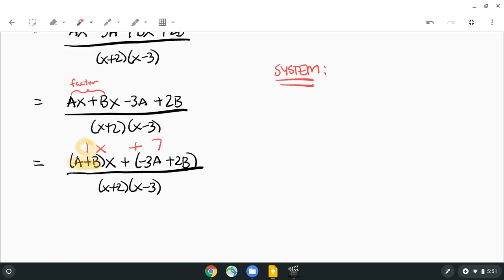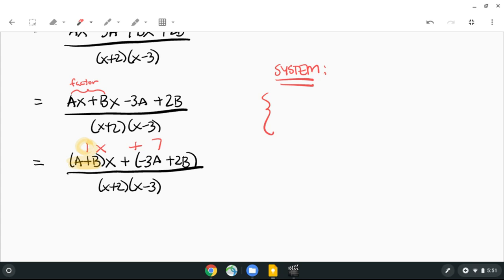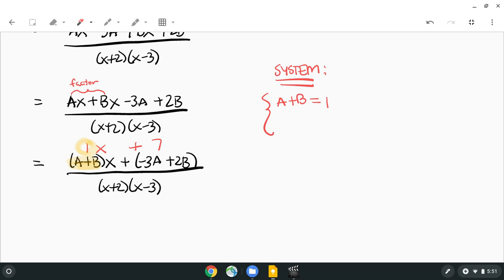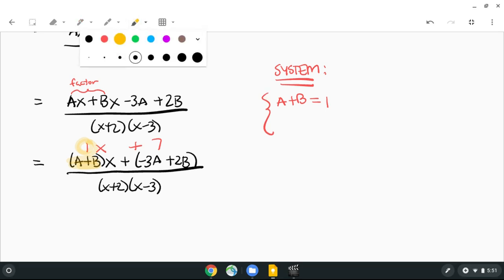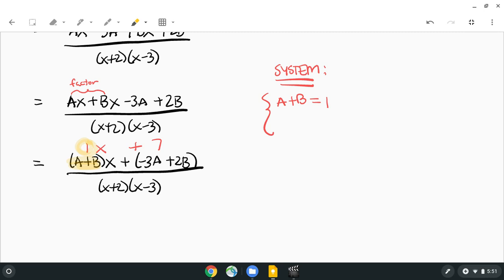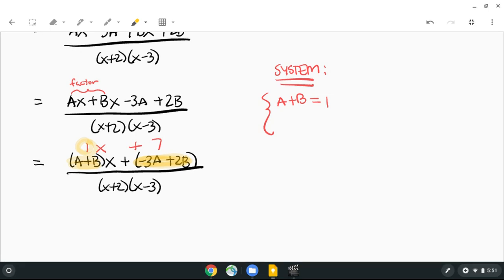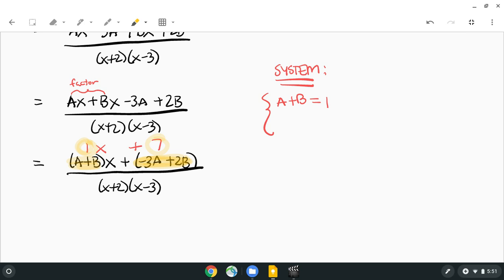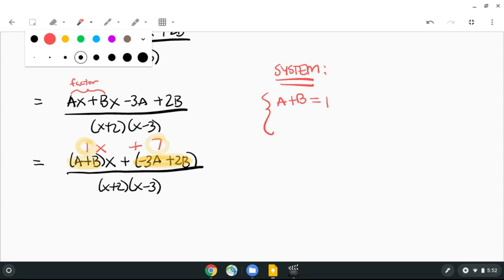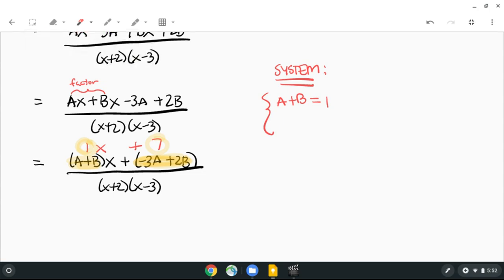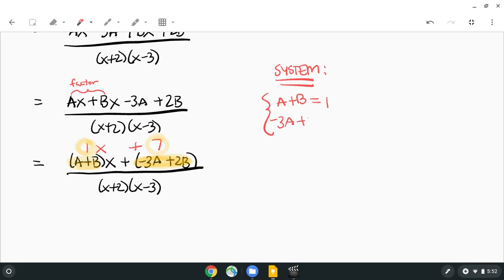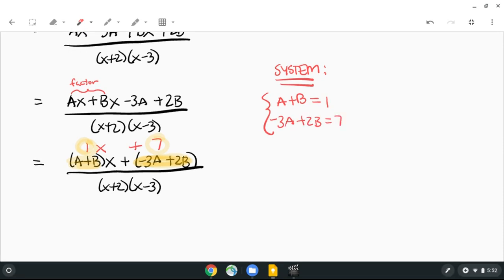My second equation is that negative 3a plus 2b should equal 7. So that's what I'm going to write down for my second equation.